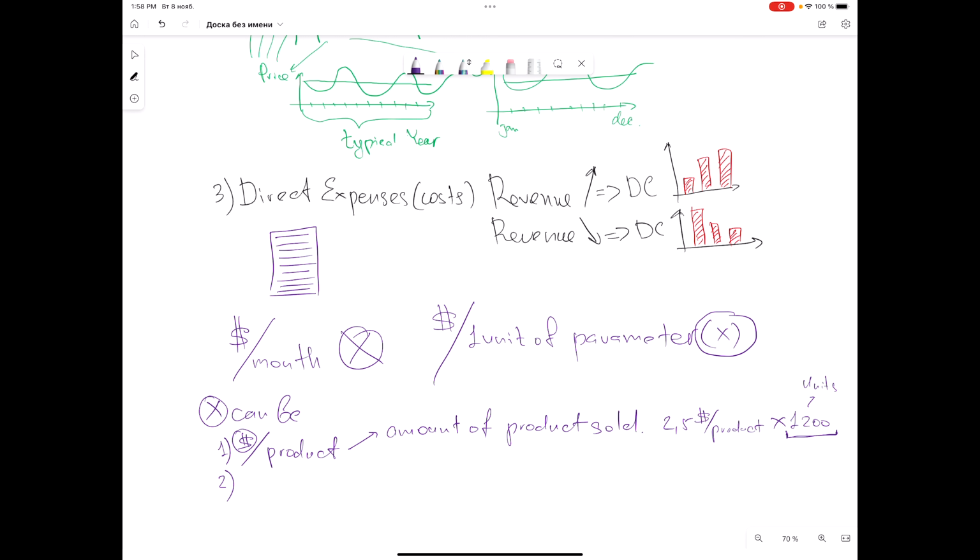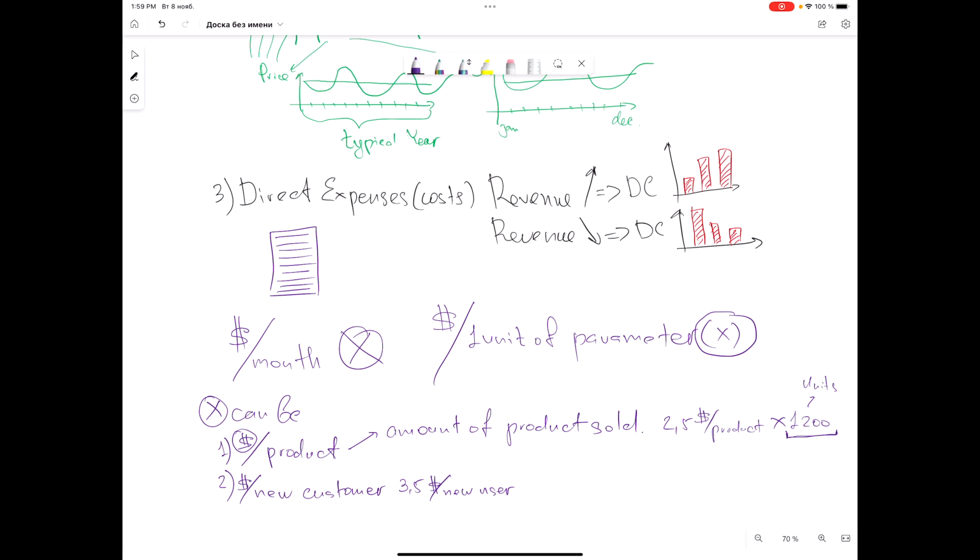Or, for example, some direct expenses can be measured in dollars per one new customer. They will be, for example, $3.5 per one new user or new customer.